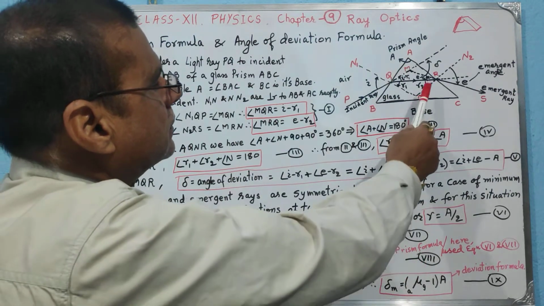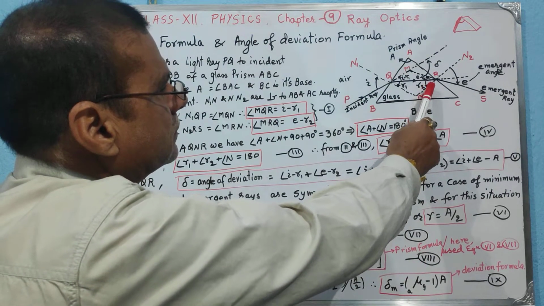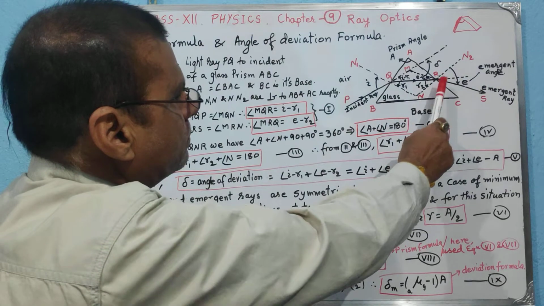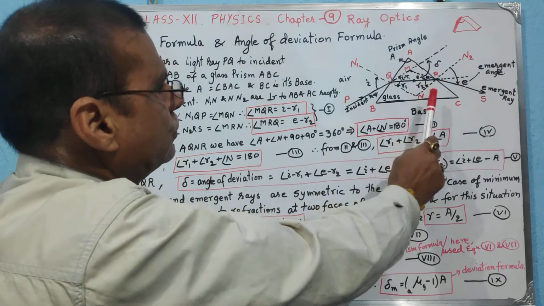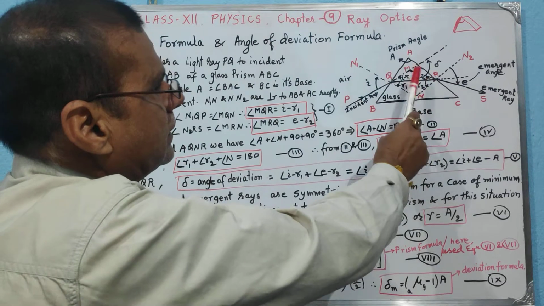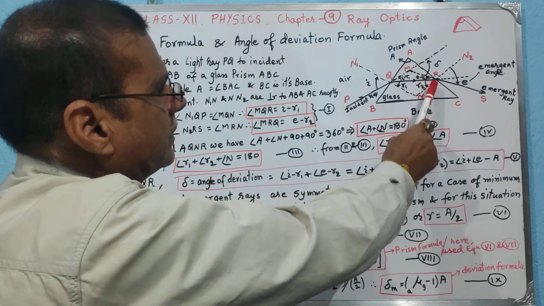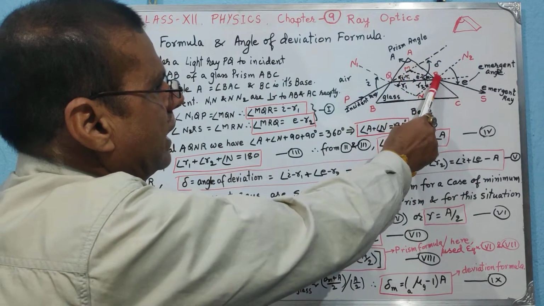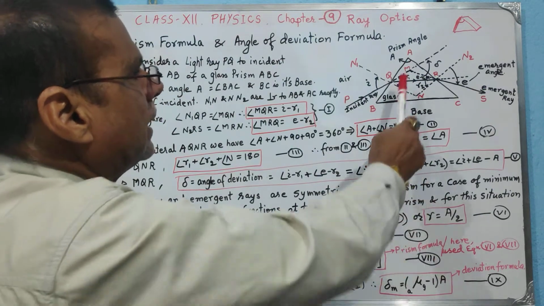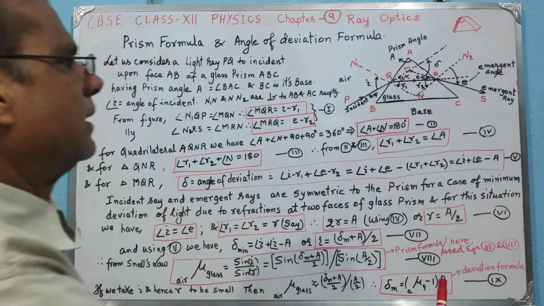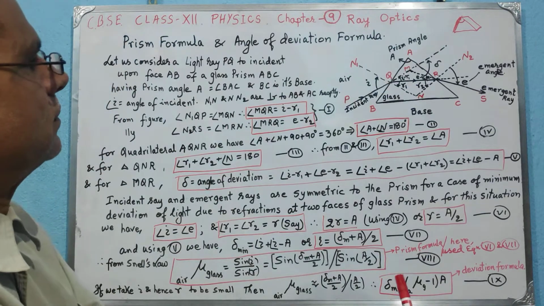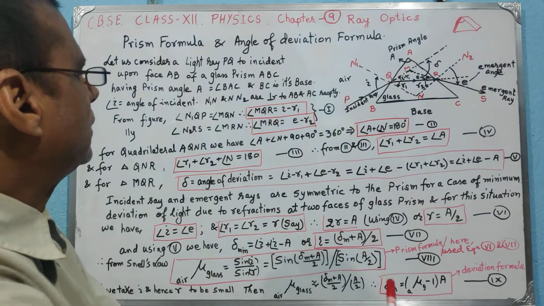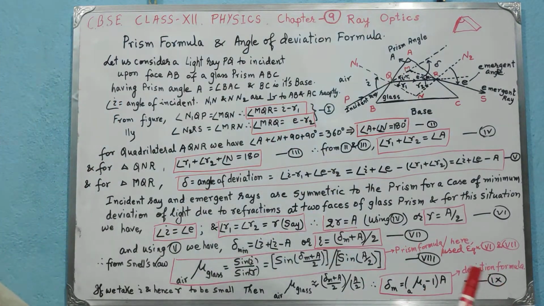And since the angle QRN, the angle of incidence for the light ray emerging out of the glass prism, we have considered as R2, the remaining part of this angle must be equal to E minus R2. That means angle MRQ is equal to E minus R2, and angle MQR is equal to I minus R1. We have marked this as equation number 1.